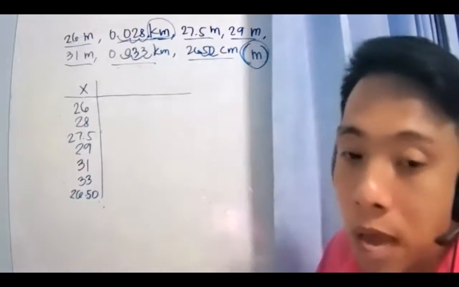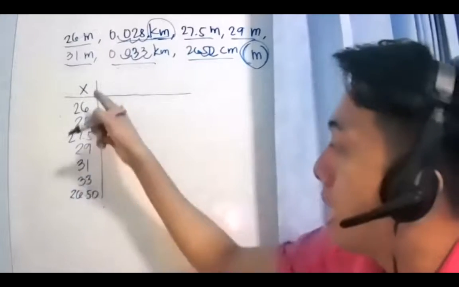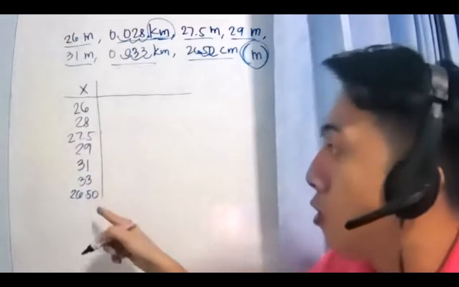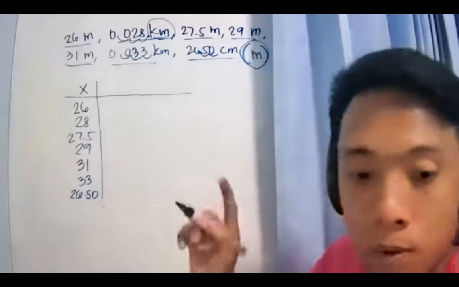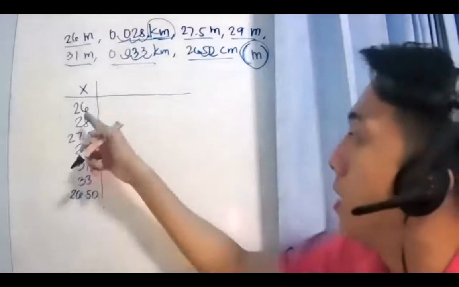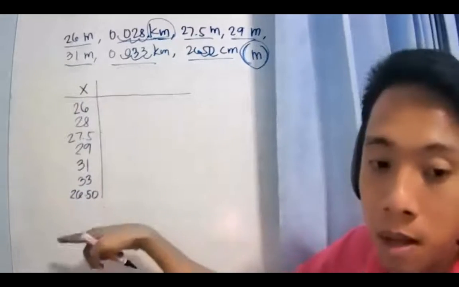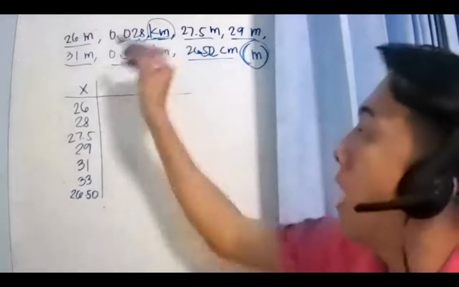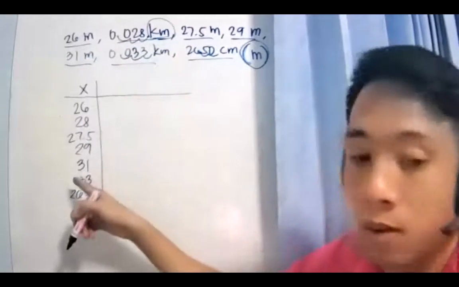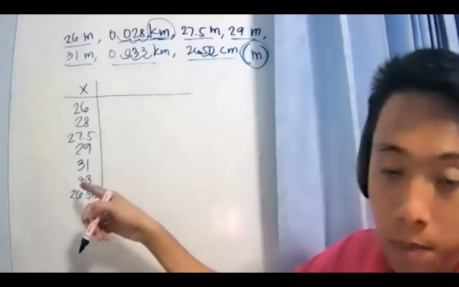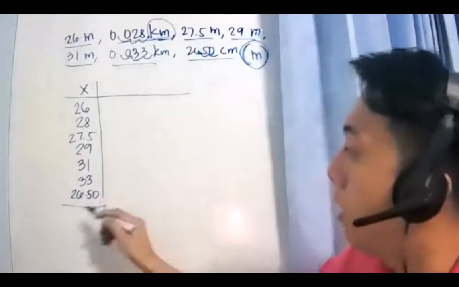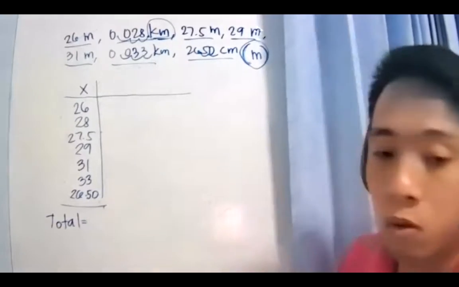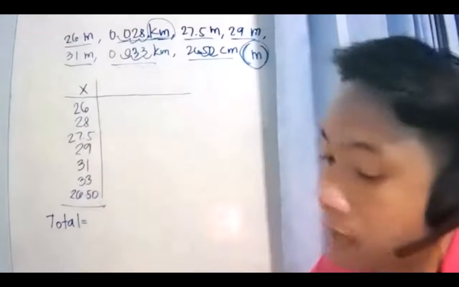Second step. So, after aligning those, kahit hindi siya magkakasunod, okay lang yan. Walang problema doon. Kahit hindi sila magkakasunod, hindi nauna yung pinakamaliit, saka nauhuli yung pinakamalaki, it's okay. Basta makuha lahat ng data, malalagay lang dito. Okay, next step, we will get the total. Ano yung total natin? So, add natin lahat yan.